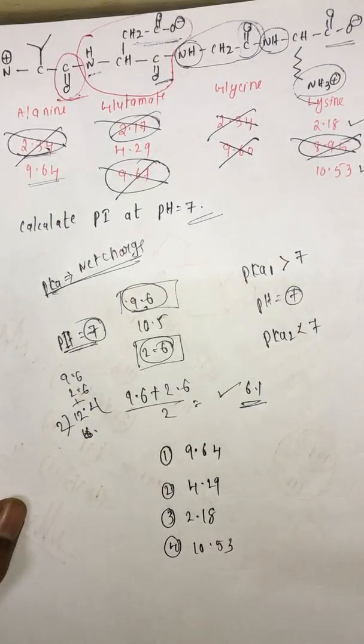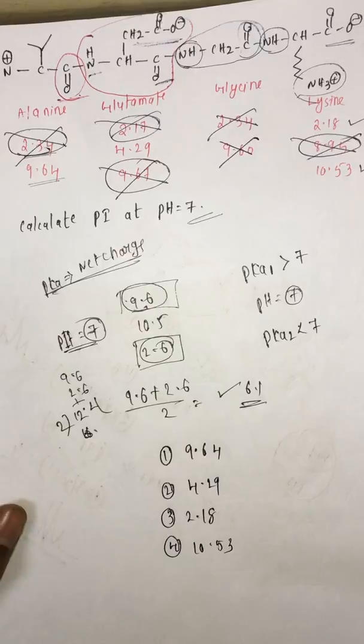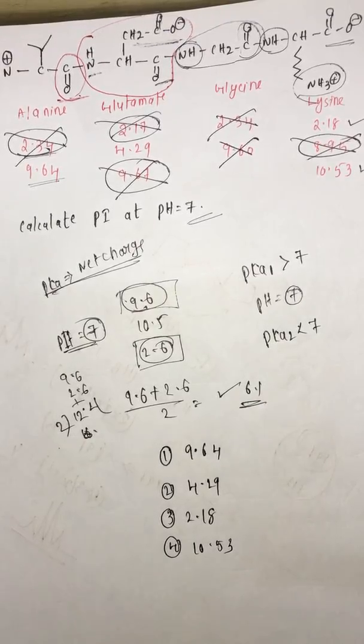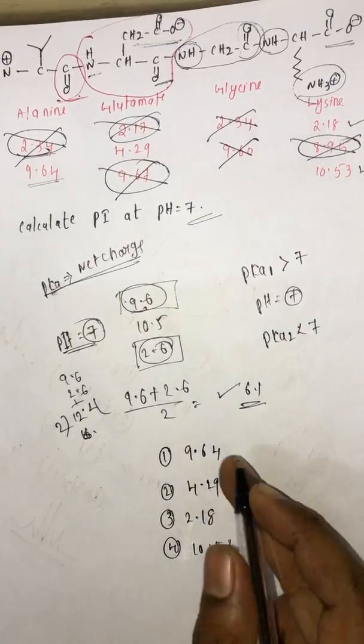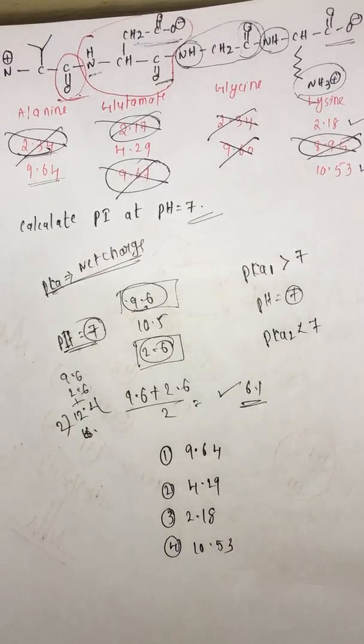These are the 4 pKa values which are present in the charged form. Whatever pKa values are present in the neutral form, we cannot use to calculate the isoelectric point. Only these four are present in the charged form, so only these four can be used to calculate the isoelectric point.